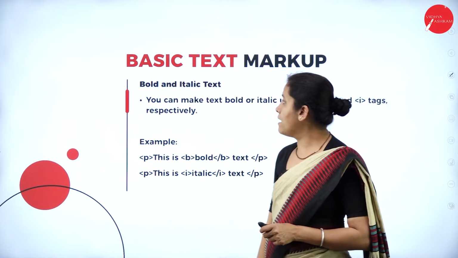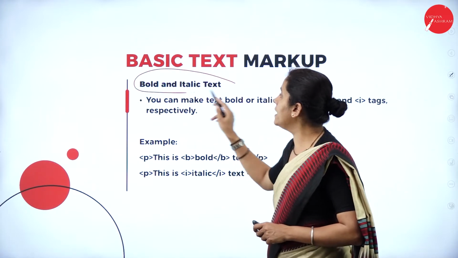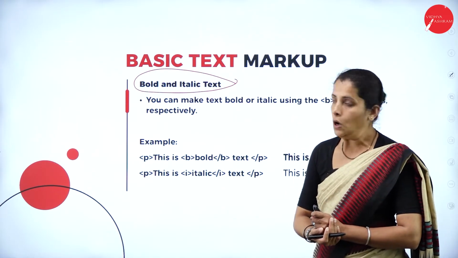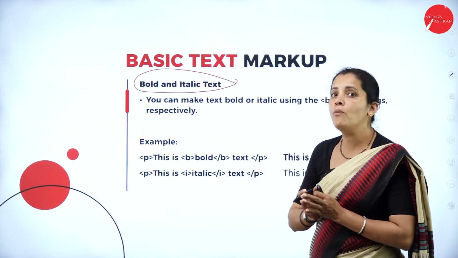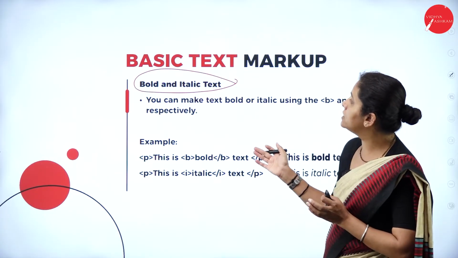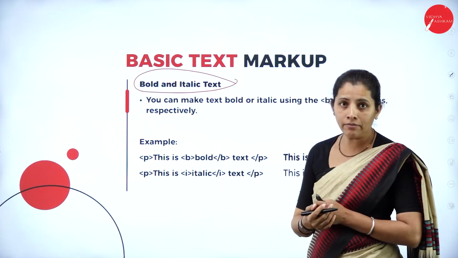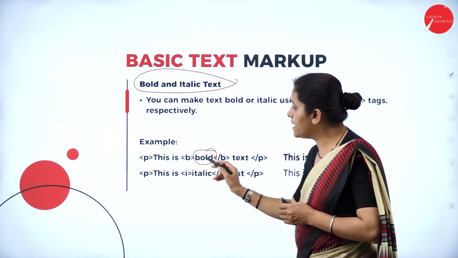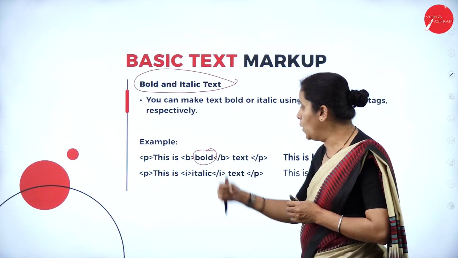Now, I have another tag that is bold and italic. Suppose if I want to highlight the text, or if I want to display the text in the form of italic, then I'll go with the bold and italic. See here, I have the paragraph and I just want to display only this much portion in bold.